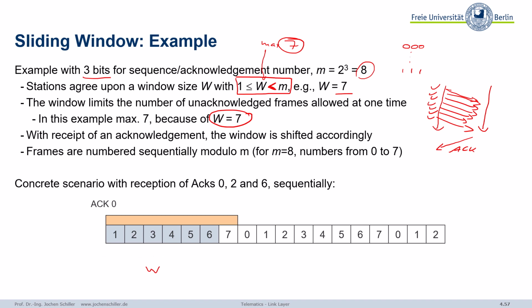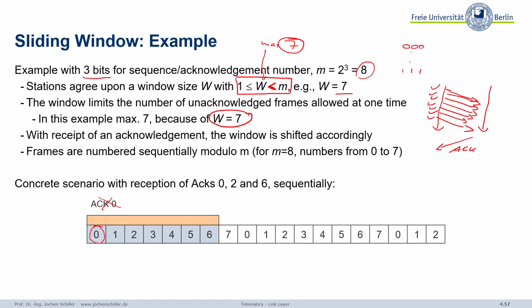because the sender also has to store frames. Why? It could be the case that I do not get the acknowledgement 0, because something went wrong, either with frame 0 or the acknowledgement. Then I have to be able to retransmit this frame.